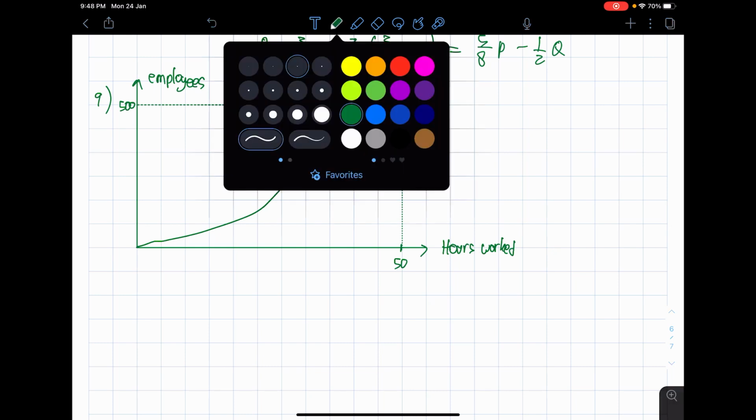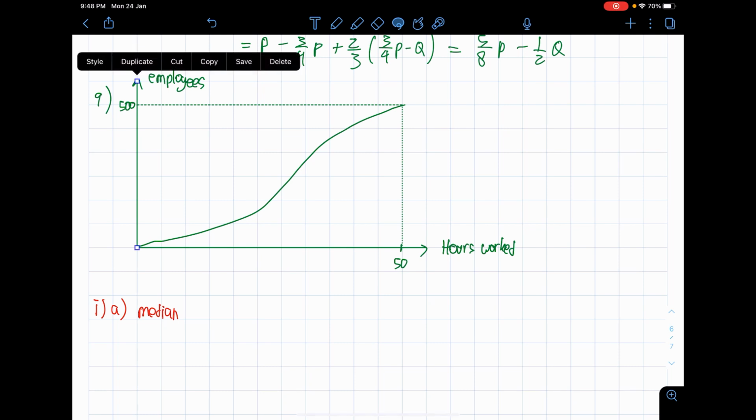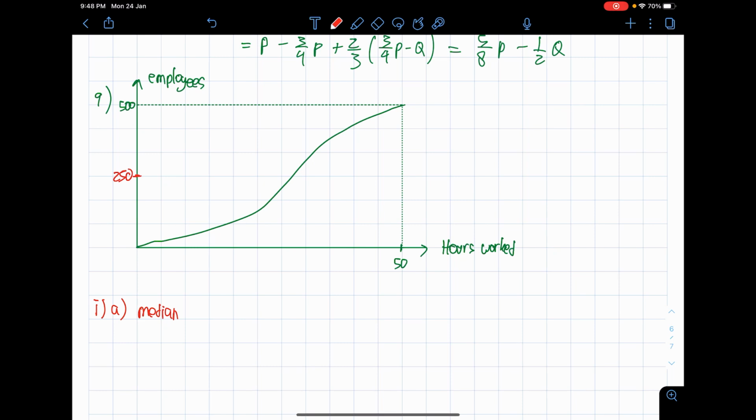I'm just teaching you how to do it in case you don't know. To find out the median, you just need to find the middle of the whole population. There are 500 in this story, so 250 is your benchmark. Then you just need to lay down the number on the horizontal part. According to what I got, it is around 41.6.